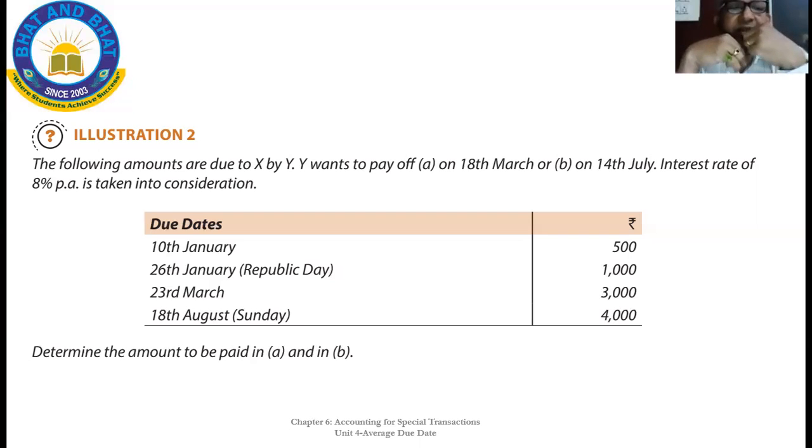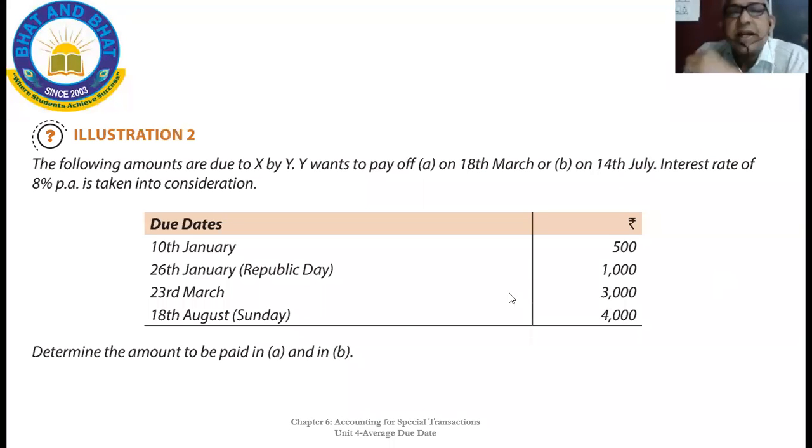Interest rate is 8%. Based on this information, the due dates are 10th Jan, 26th Jan, 23rd March, and 18th August. You have to determine what amount should be paid. Taking two questions, one is 18th March as the payment date, another is 14th July.